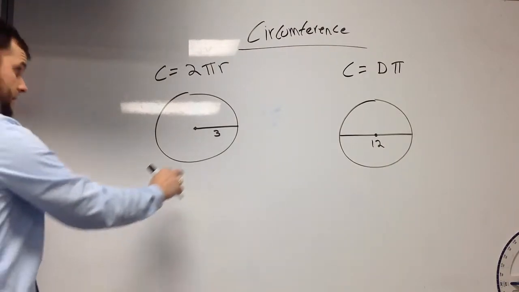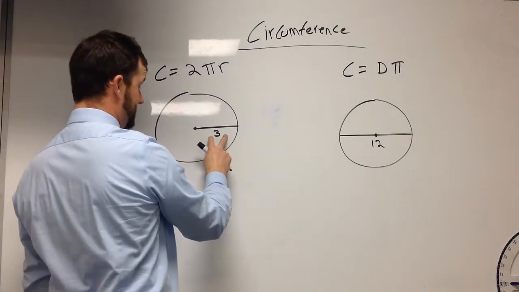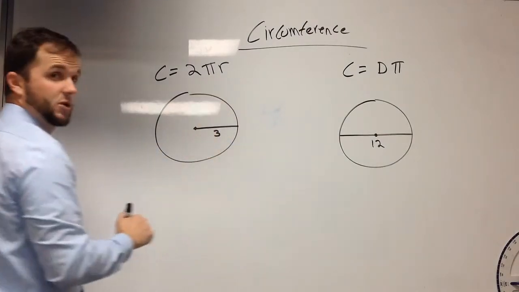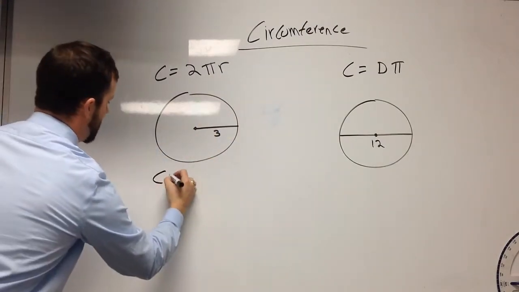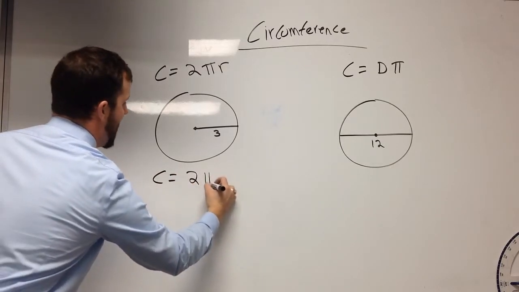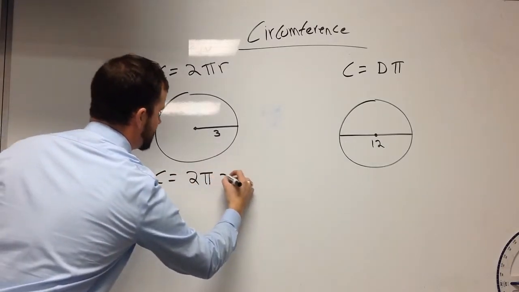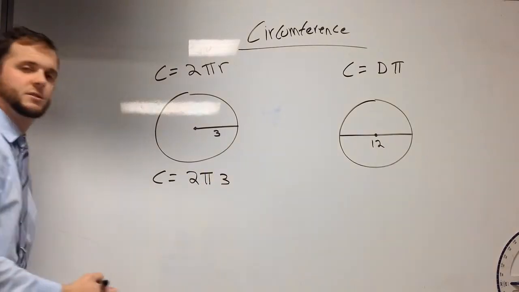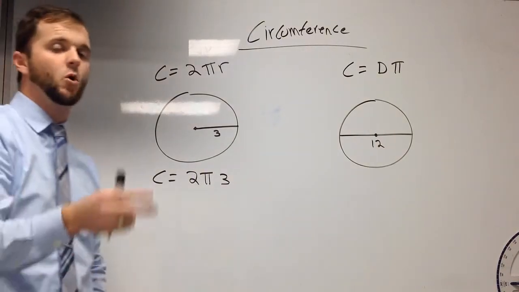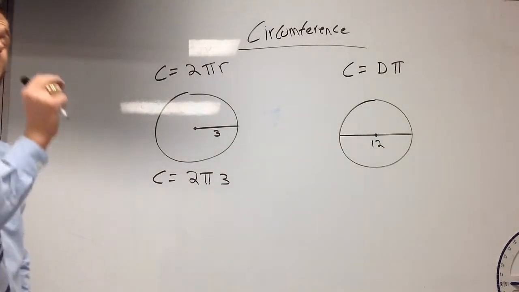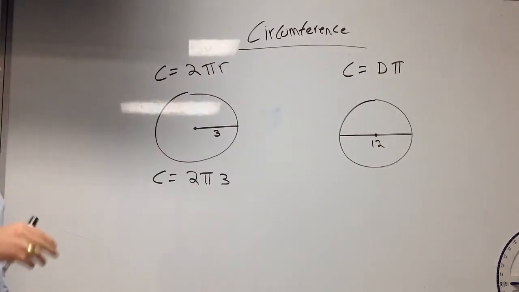So right now, on this example, I'm given the radius, so I need to use this to find my circumference. Circumference is going to be 2 pi times the radius, which is 3. So I'm just going to put those together. Some questions are going to ask you to do it in terms of pi, and some are going to ask just for a decimal. So I'm going to do it in terms of pi first.